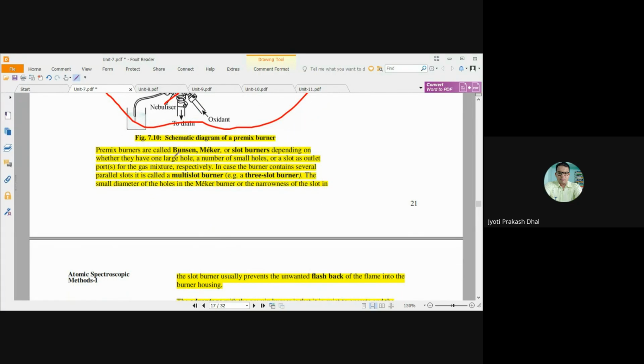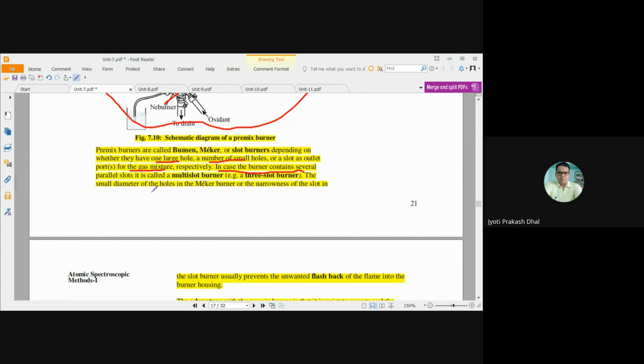The premix burners are called Bunsen, Meker or slot burners depending upon whether they have one large hole, a number of small holes, or a slot as the outlet port for the gas mixture respectively. A burner containing several parallel slots is called a multi-slot burner, for example a three slot burner.